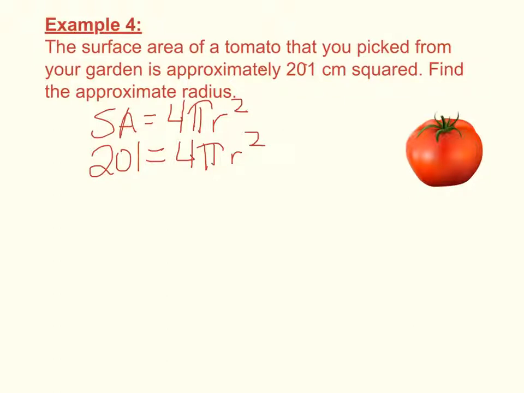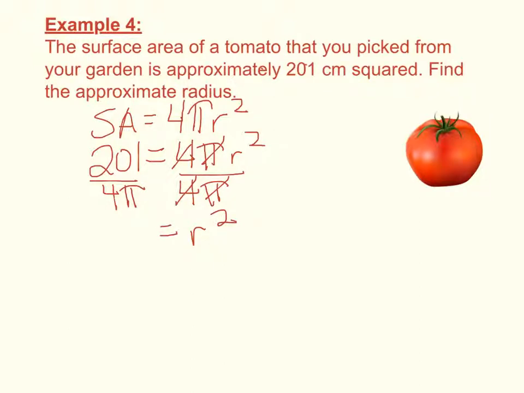Now remember, pi is just a number. It's just a symbol that stands for a number, 3.14 repeating. So we can divide by pi because it's a number, and we can also divide by 4 to both sides. Here we're going to end up with just 1 r squared, or r squared.